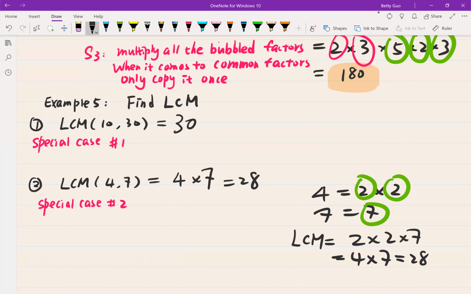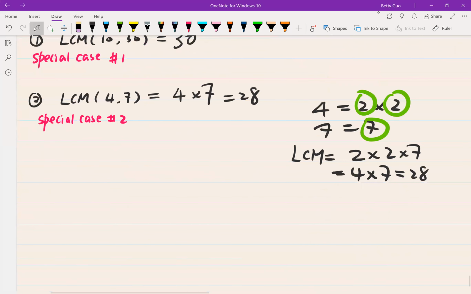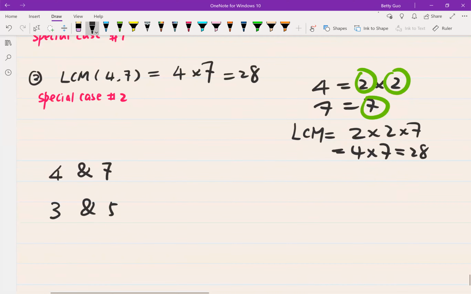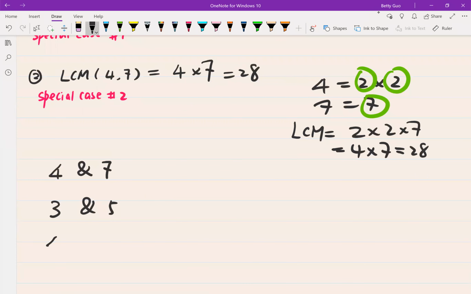For mutually prime, I want to look at some cases. 4 and 7 is an example we used earlier. We can look at 3 and 5, and 4 and 21.